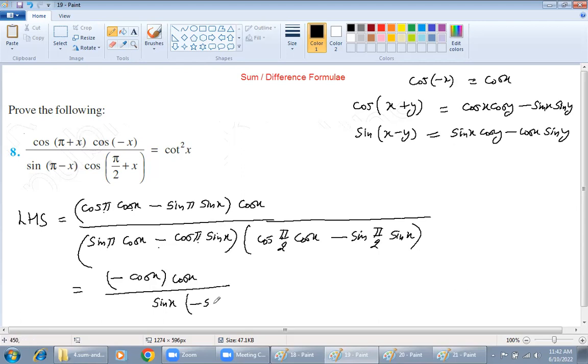So this is minus sine x. So minus cancels. Numerator is cos square x. Denominator is sine square x. Cos x divided by sine x whole square. This is equal to cot square x, which is equal to right hand side.